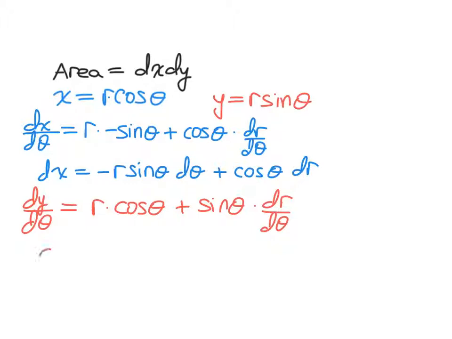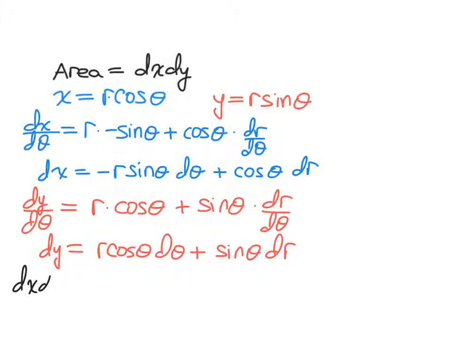And we get dy is equal to r cosine theta d theta plus sine theta dr. So now what I need is the product of dx and dy. So dx dy is going to be these two bad boys multiplied together.